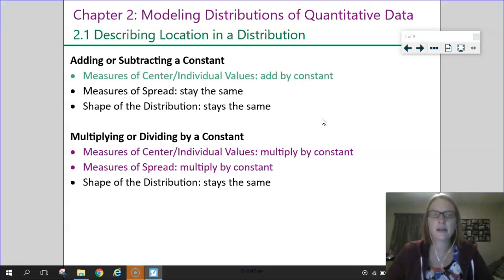So in summary of example 1, adding changes measures of center, multiplying changes both measures of center and measures of spread. Make sure you have everything on this slide written down for certain before moving on, because this is really the main idea from today.